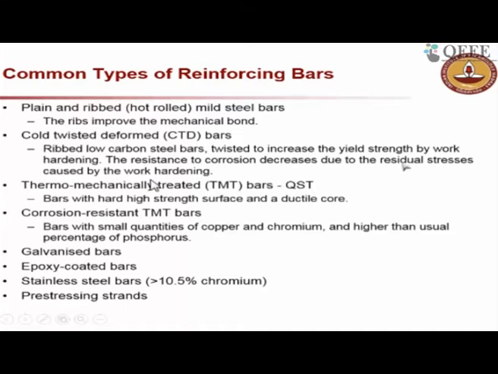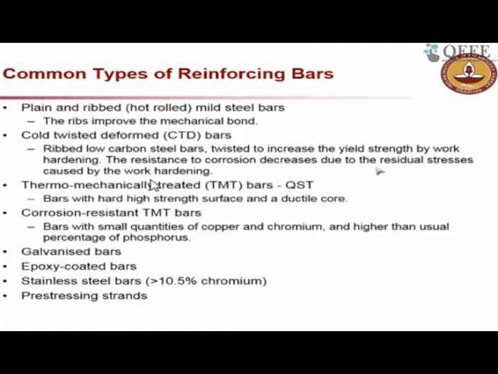Okay. And this was heavily used in the industry a couple of decades ago, but then what we found is, because of the strain hardening, there is a lot of residual stress at the surface of the steel, and because of that residual stress, it was more vulnerable to corrosion. So people found that concrete structures using this type of CTD rebars were corroding faster than those using other types of steel in use at that time.